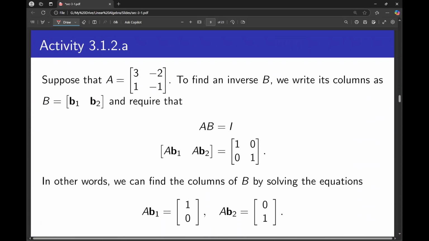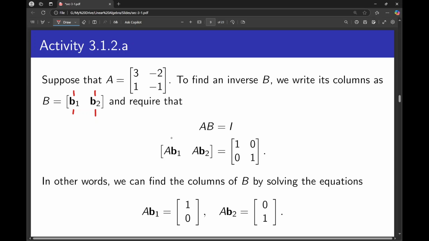Okay, so now we're moving on to activity 3.12A. Suppose that A equals this matrix, 3, -2, 1, -1. To find an inverse B, we can write its columns as B equals, column B1, column B2. And so we're requiring that A times B equals the identity matrix.